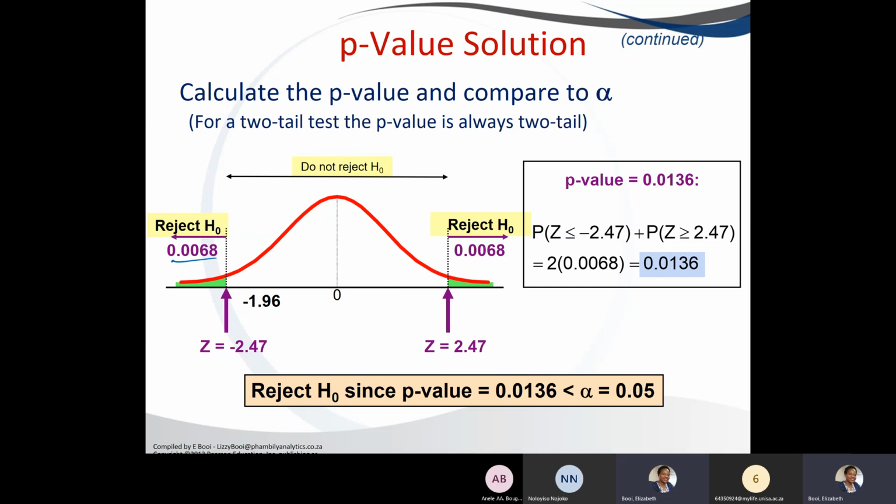We multiply that value by 2, and that gives us 0.0136. And we can also reject the null hypothesis, since the p-value is less than alpha of 0.05.